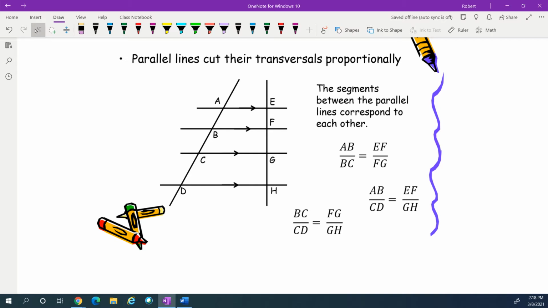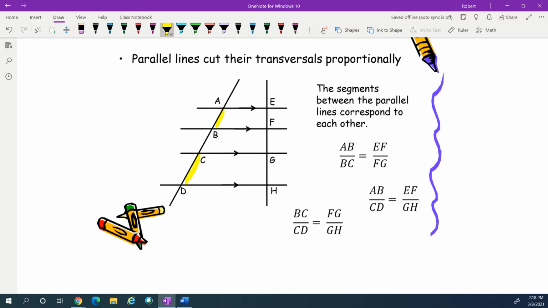So let's look at some of these proportions. AB and BC, that corresponds to EF and FG. They're the corresponding sections of those transversals. In the next proportion, we have AB and CD.